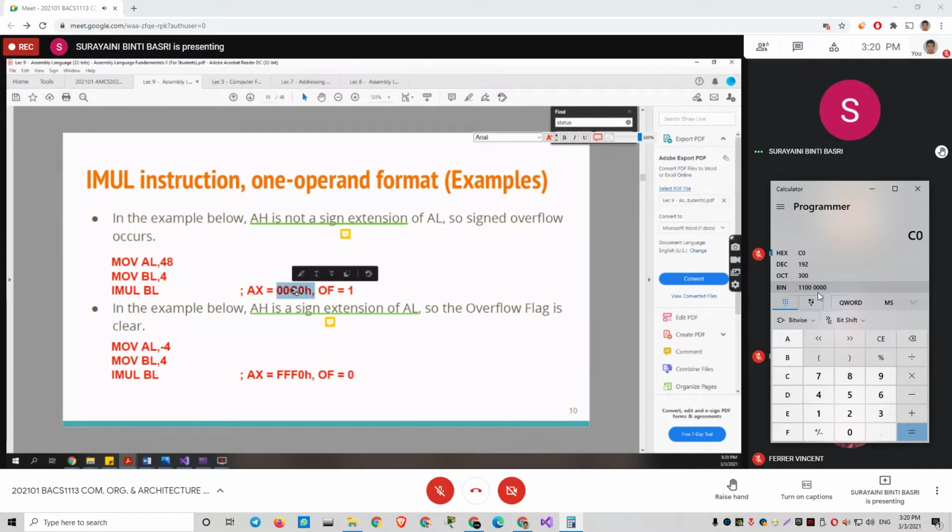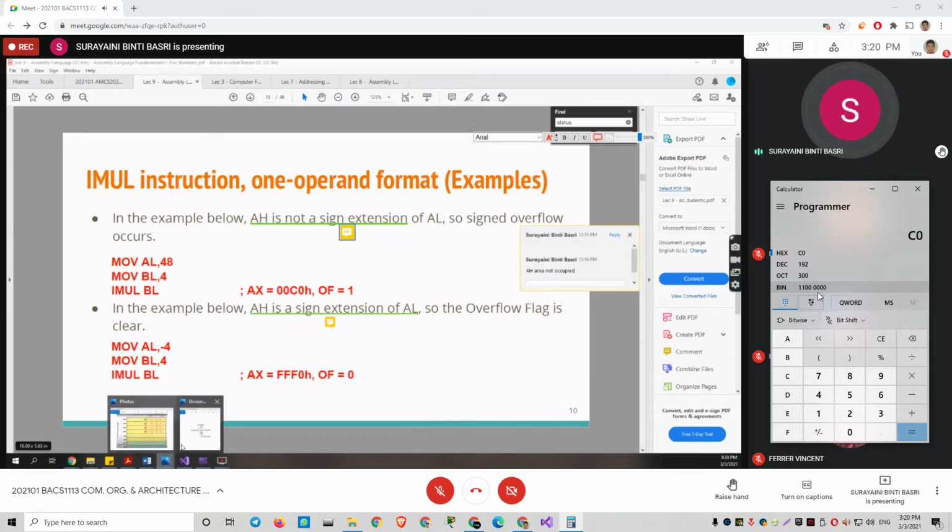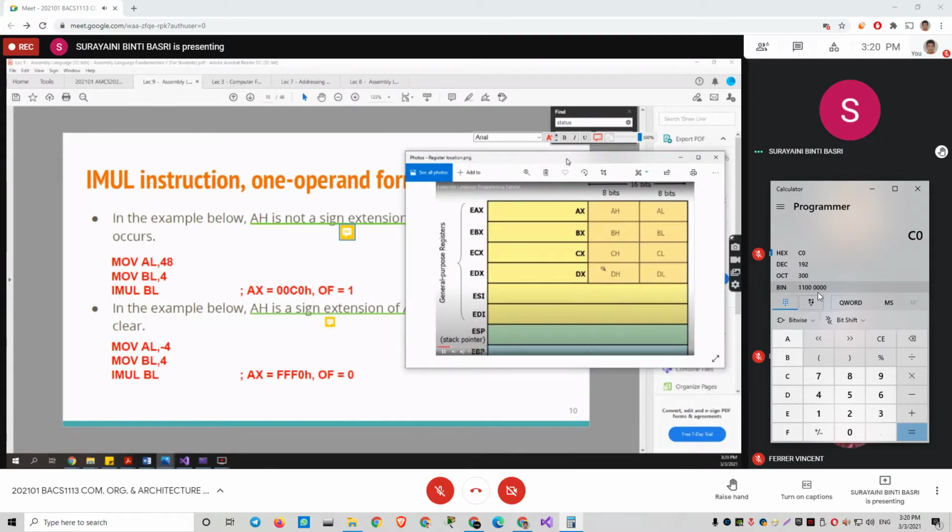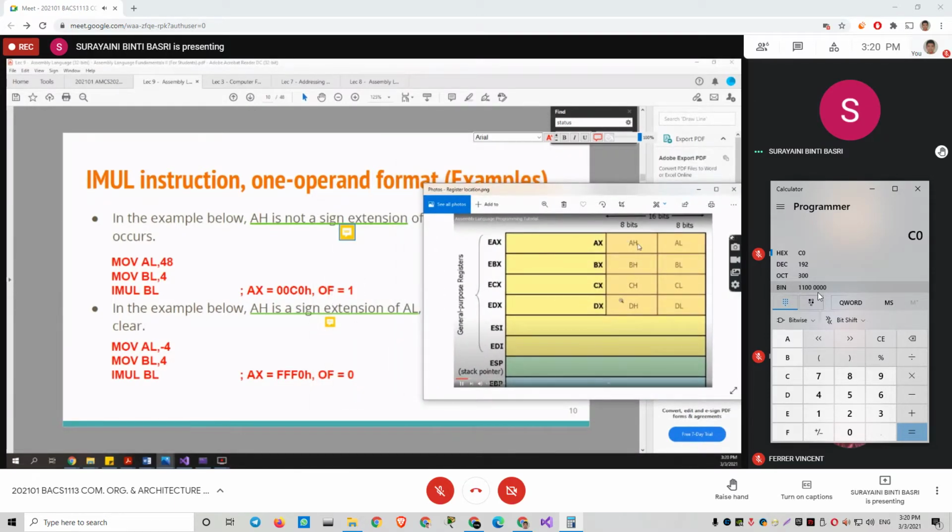So when the IMAL multiplication happens, take for example this AX. This AX is the combination of AH and AL.